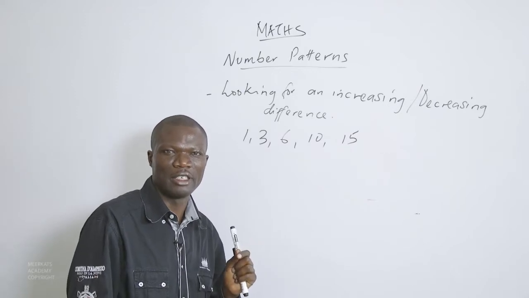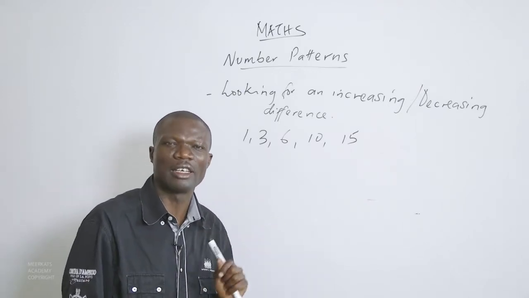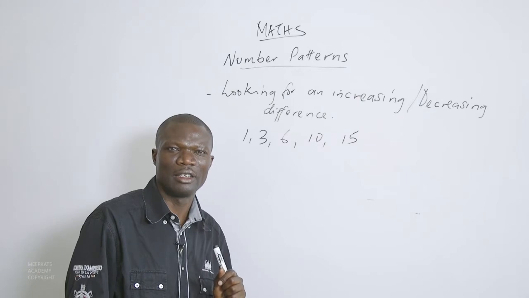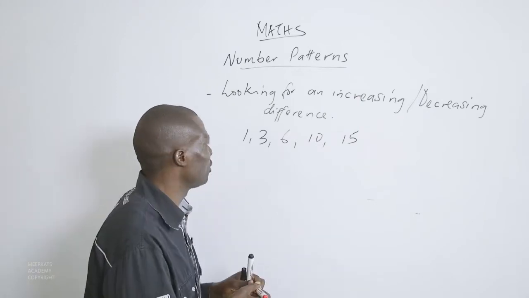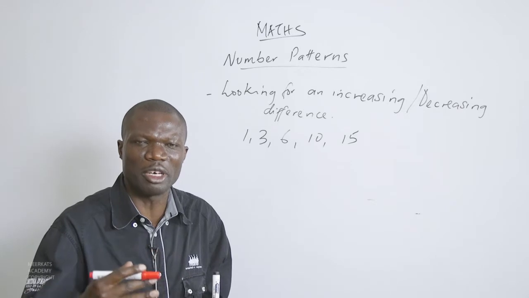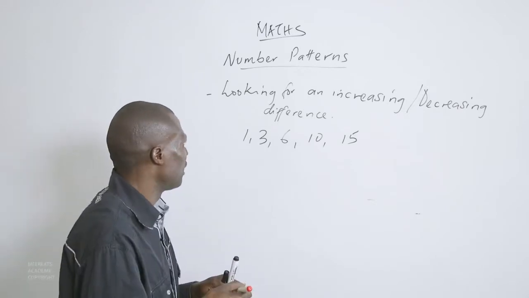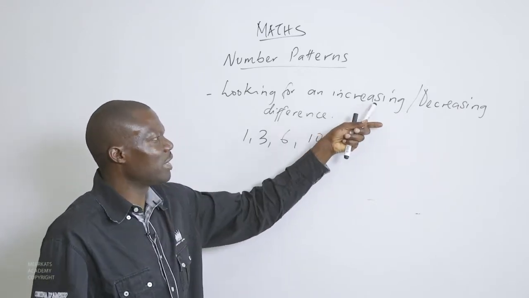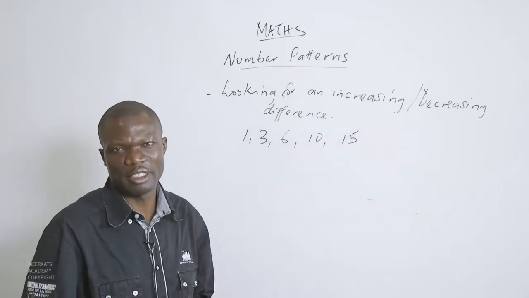Right? So if that is the case here, let us consider the first two terms, the next two terms, pair of terms, as we look at it. Now, we are talking of either increasing or decreasing difference.